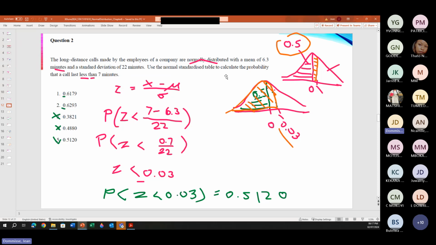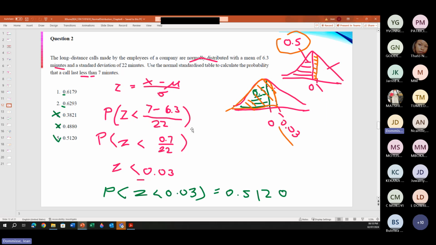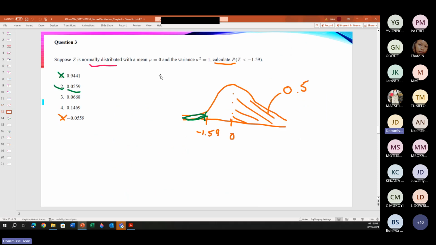They give you a mean, they give you standard deviation, but they never said anything about the sample. So it was nearly always assumed that we're working with the population, even though they don't tell you population. They've never given you an idea that you're working with a sample.